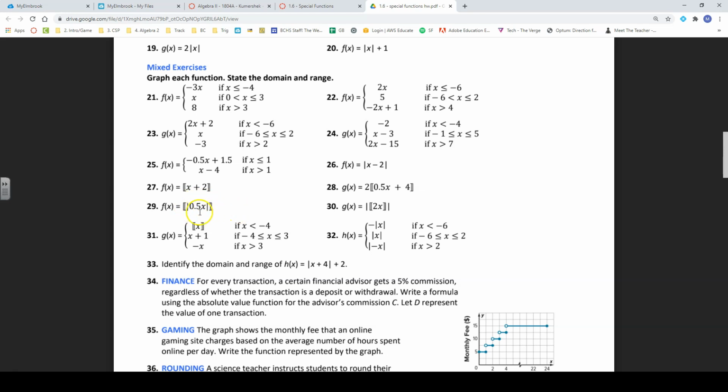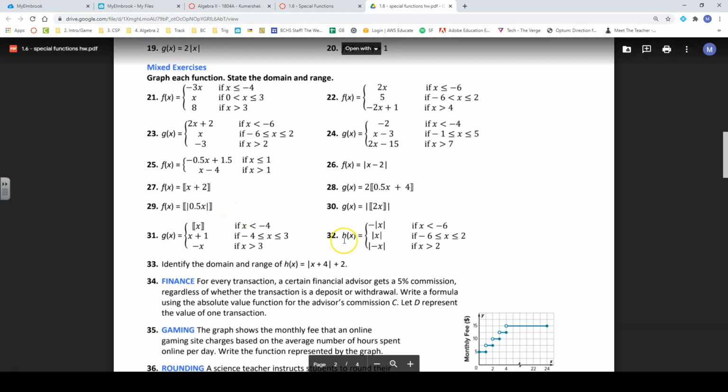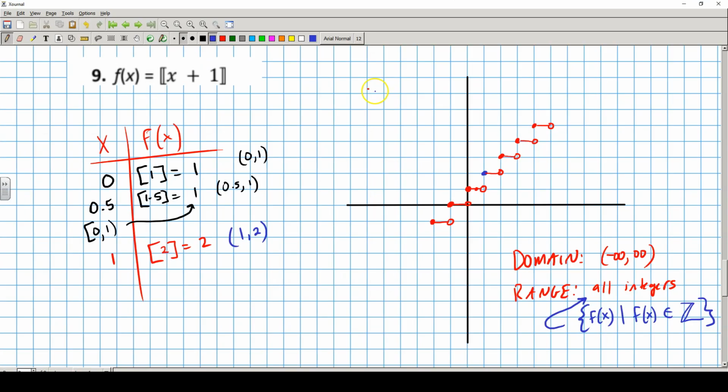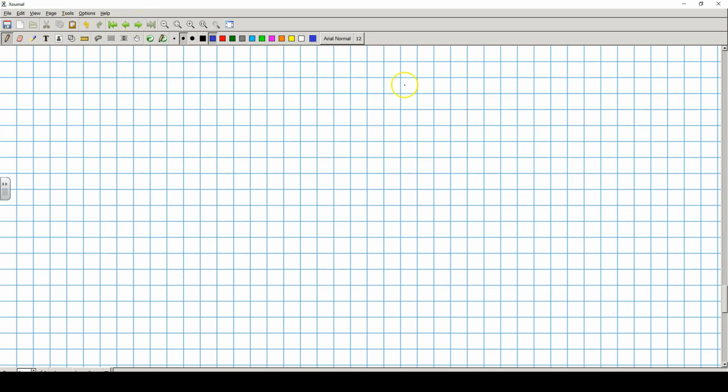So when you look at this, instead of having steps, normally we have steps that go like this, and go over and then go over.